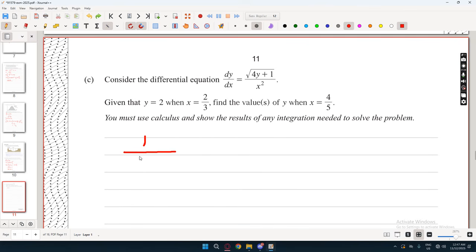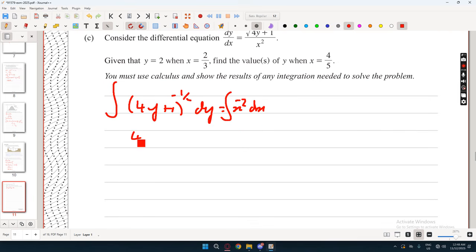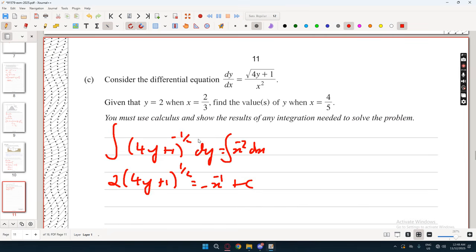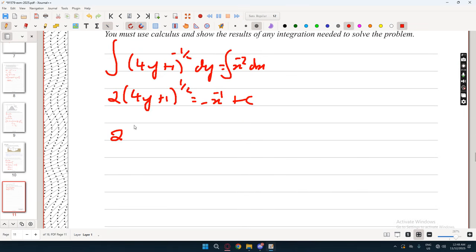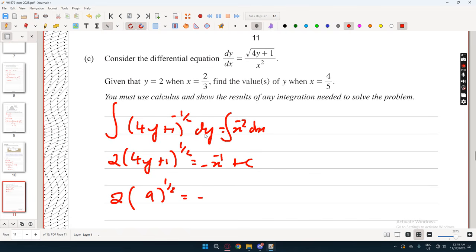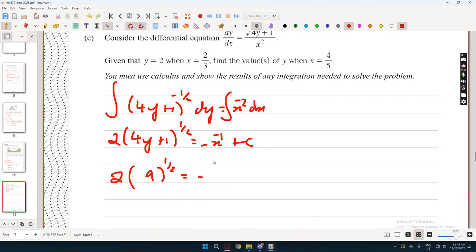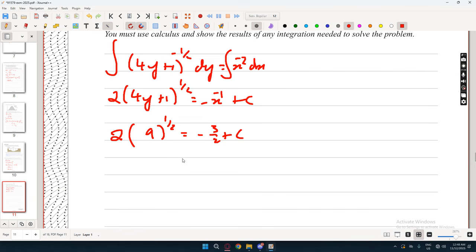1 on, let's see, (4y plus 1) to the minus a half dy equals x to the minus 2 dx. So (4y plus 1) to the half divided by a half is 2, equals minus x to the minus 1 plus c. With y equals 2 and x equals minus 3, then 2 times 9 to the half equals minus x to the minus 1, so that's 6 plus 3 halves, plus c.